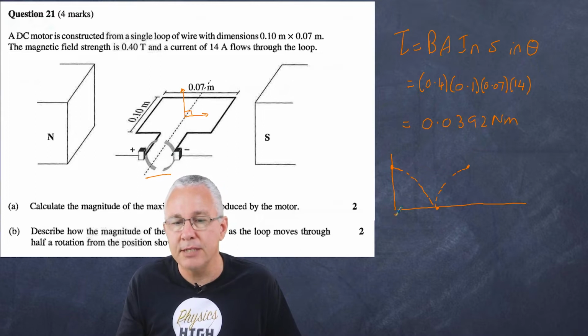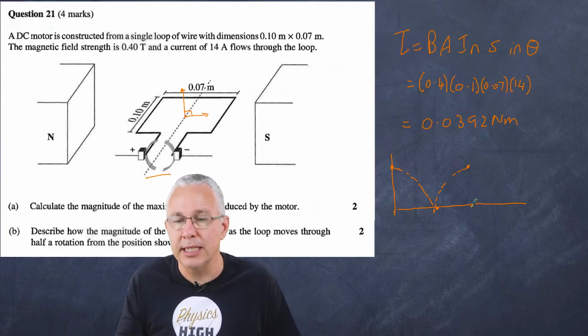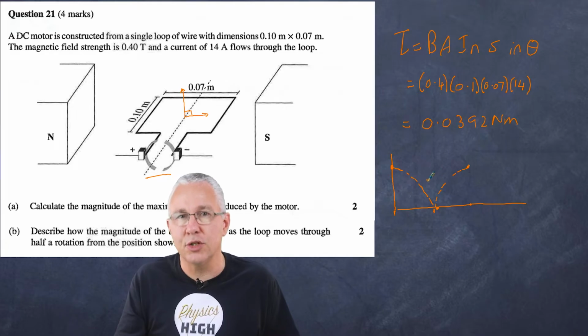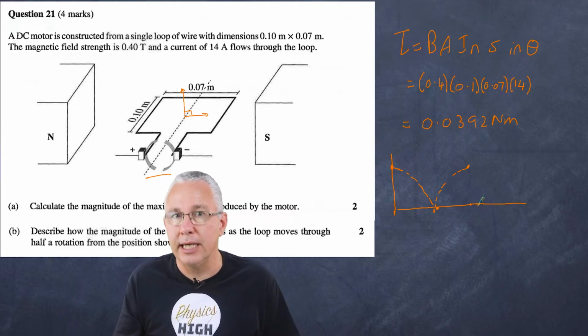Now remember, this value right here is actually at this sine 90 degree value, and this is the sine 180 degree, and this one is again at 90. So appreciate the fact that this is not sitting at an angle of 0 here. So that's a description of how the torque changes with respect to the angle change.